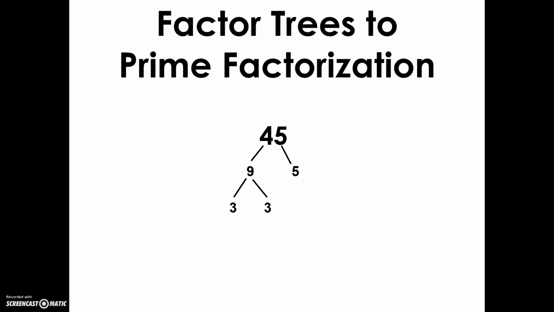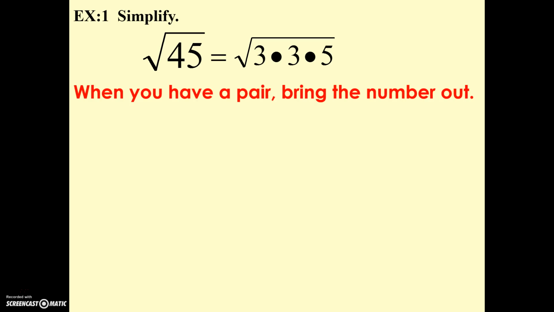So when we're talking about simplifying a radical, if we have the square root of 45, we just said that 3 times 3 times 5 will give me that. So now what we're able to do is when you have a pair, bring the number out. So if you look here, we have a pair of 3s.